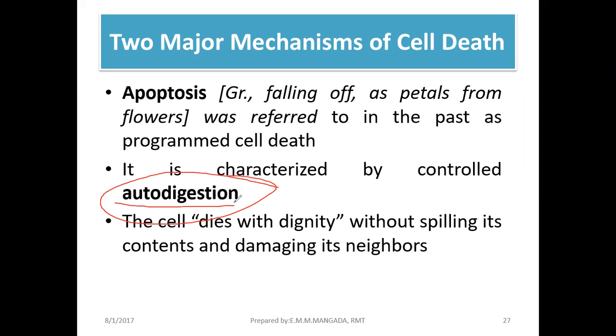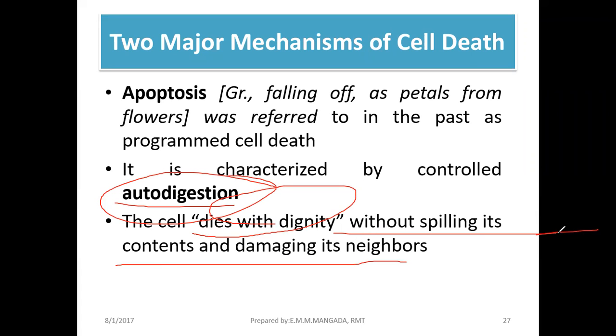The cell dies with dignity without spilling its contents and damaging its neighbors. The cell releases its lytic enzymes only within itself, without releasing them to the neighboring cells, so only it is affected.